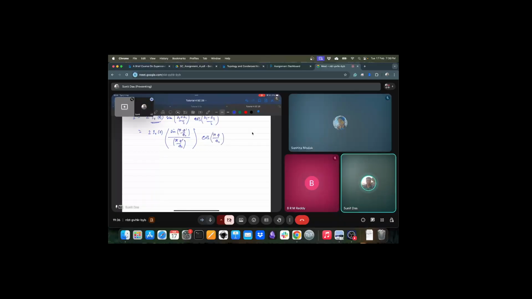I'll explain what these terms are, and then sine of delta bar. Sine of delta bar is nothing but this part. Delta bar is (delta 1 plus delta 2) by 2, so the average phase.